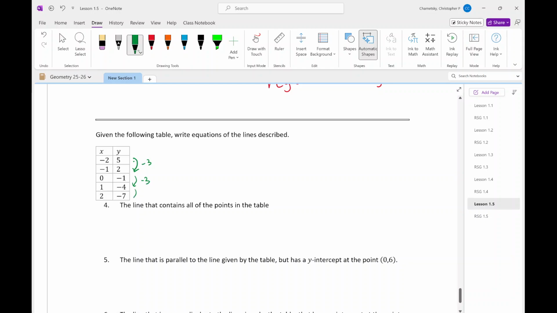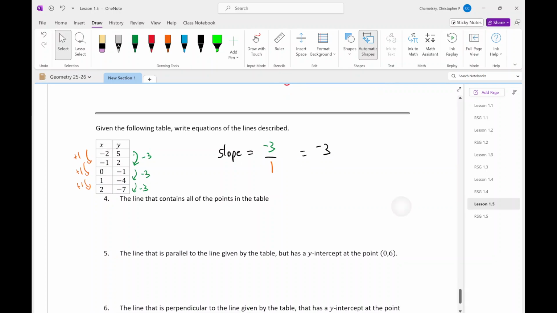Every time it's going down -3. And our x is going +1 every time. So the slope of this line is equal to -3 over 1, or just -3.